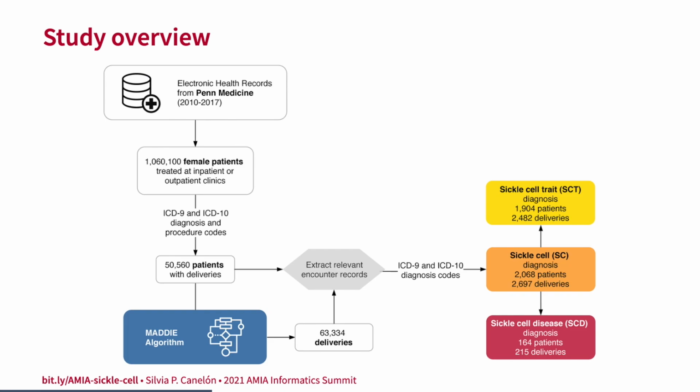And then followed up again with ICD-9 and 10 codes to identify patients that have been diagnosed with either sickle cell trait or sickle cell disease. In our study, these were two mutually exclusive groups that combined represented a group that had some kind of sickle cell mutation, and these were 2,068 patients and almost 2,700 deliveries.